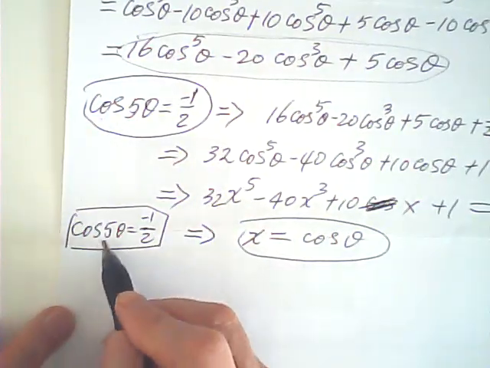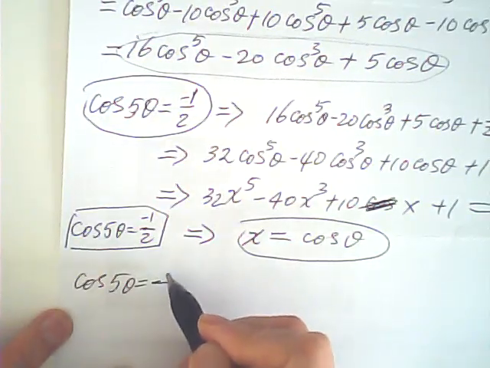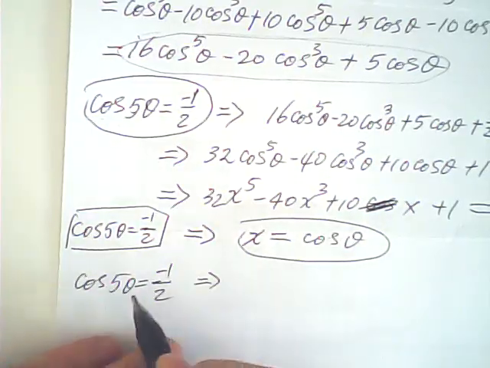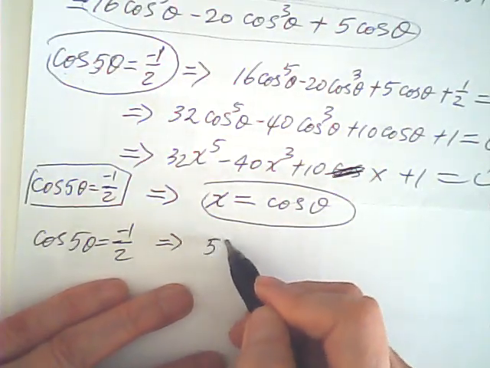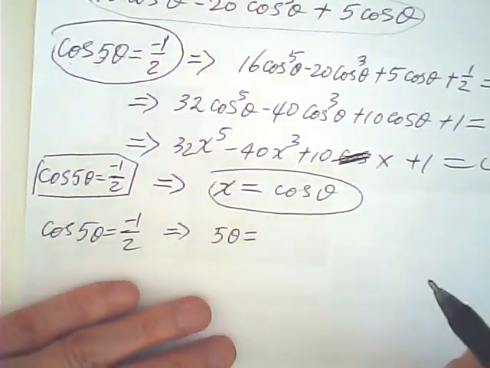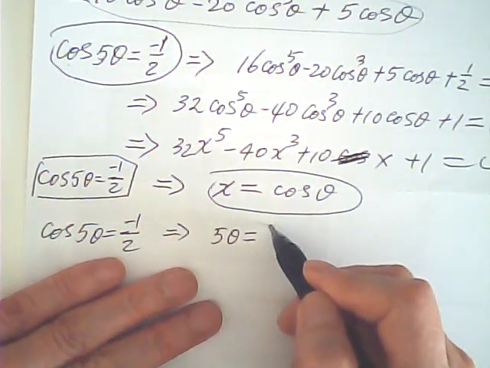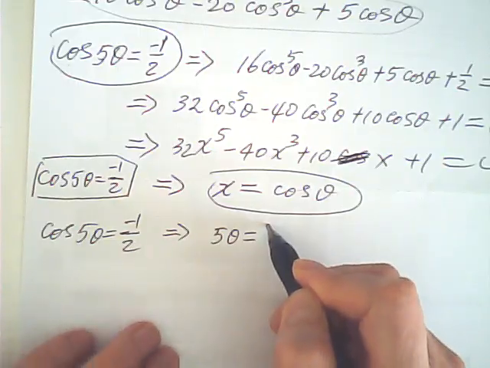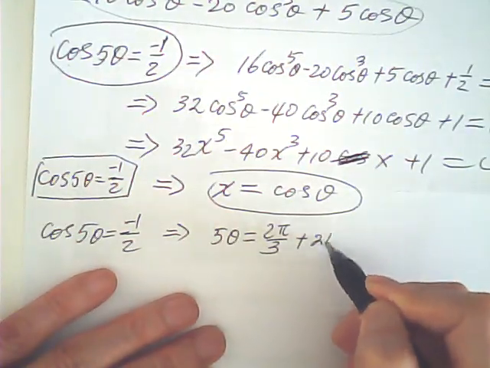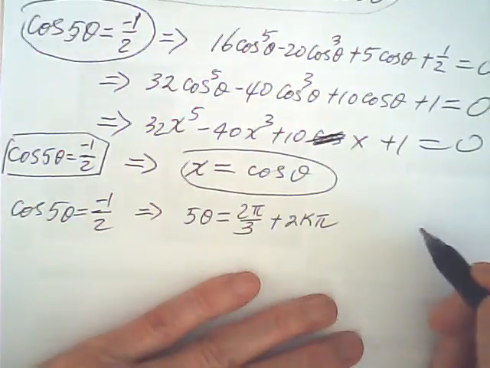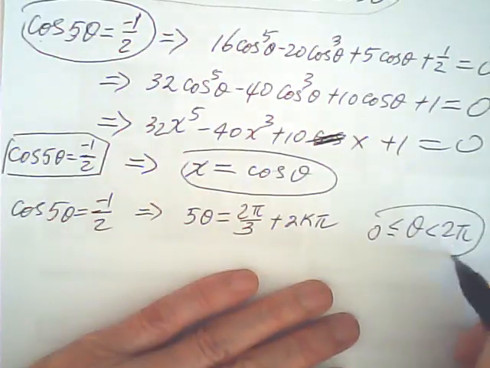Now, for cosine 5 theta equal to negative half, that is easy to solve. 5 theta is equal to 2 pi over 3 plus 2k pi, if theta is between 0 and 2 pi.